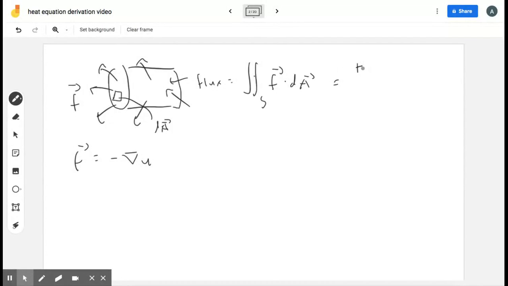So it is equal to the accumulation, or we'll call it the total heat flow. Total heat flowing in or out of the object. Okay.